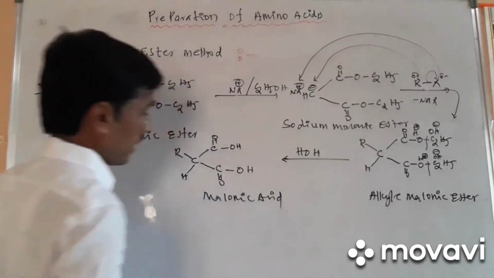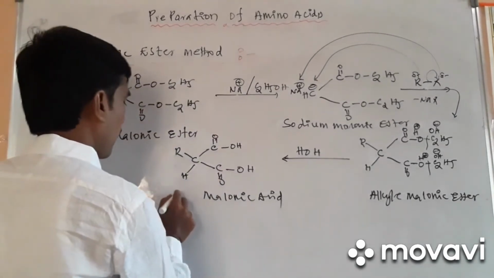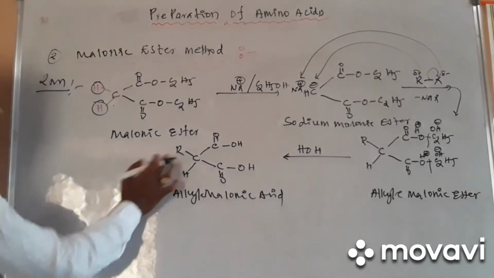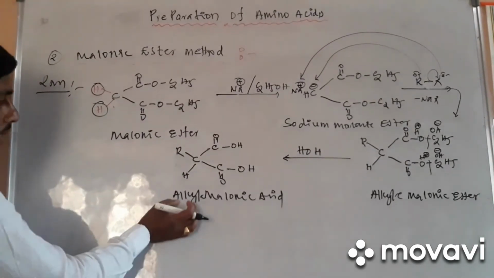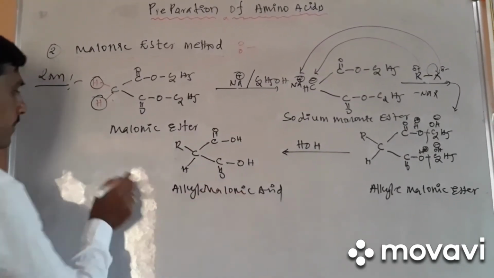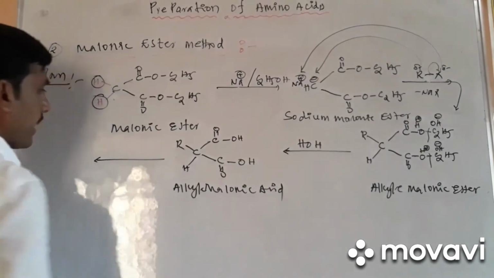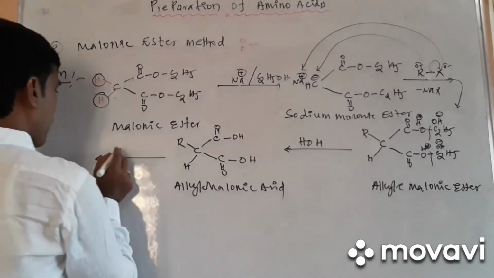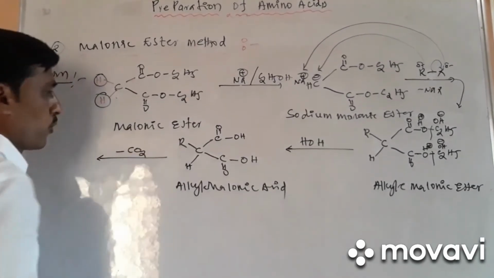Which malonic acid? Alkyl malonic acid. There is one alkyl group present, that's why it is called alkyl malonic acid.